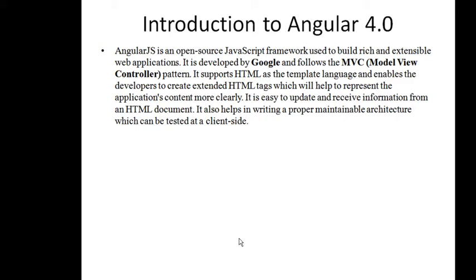It is helpful for CSS as well, not only for HTML documents. You can receive various information from web applications, and you can update and display that information on the web applications. It also helps in writing a proper, maintainable architecture which can be tested at the client side.